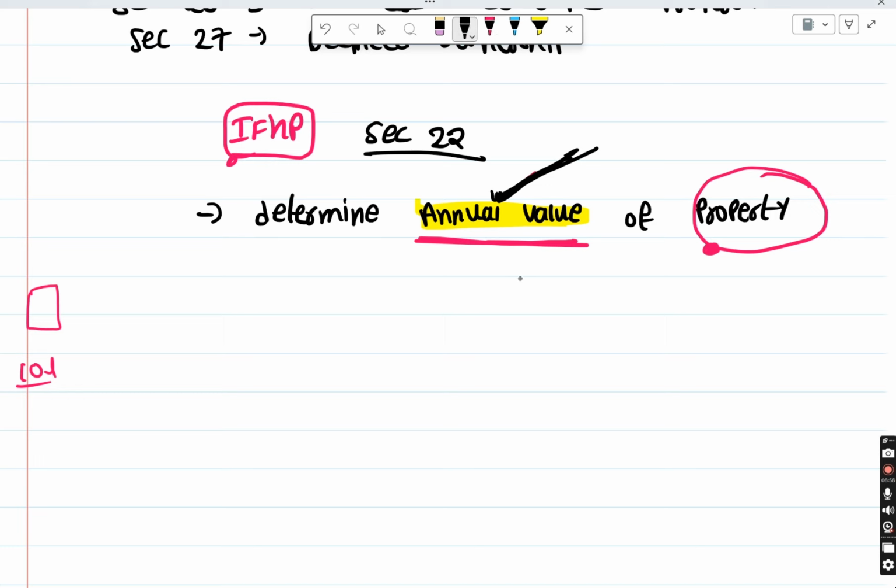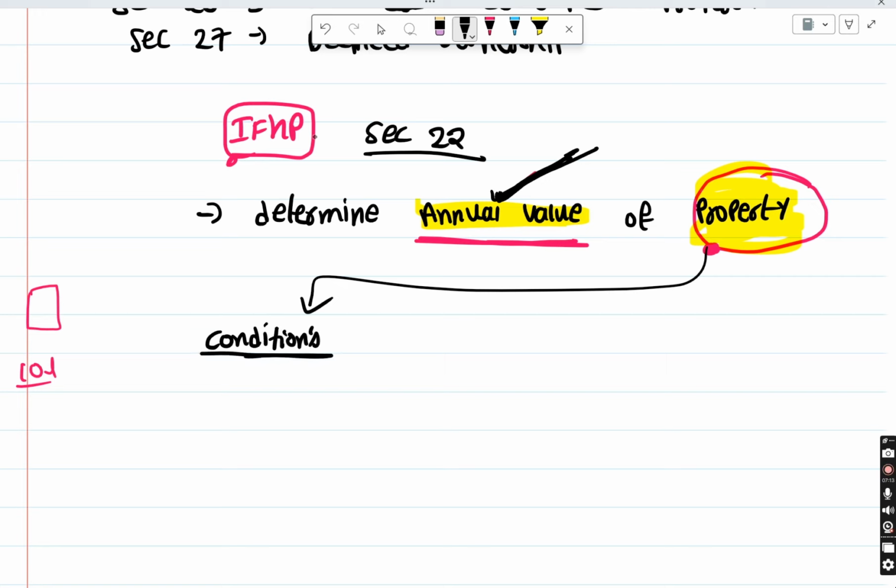Now the question is, what is property? So we need to discuss this part first. What is property? These are the conditions you need to satisfy, then only it will come under the IFHP, or else it won't come under the IFHP.